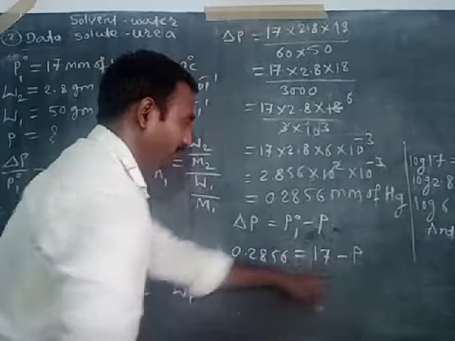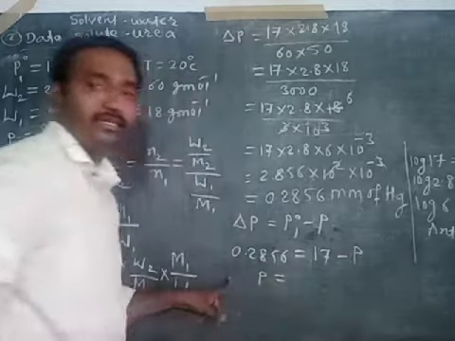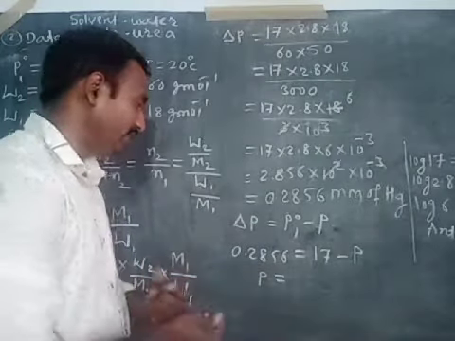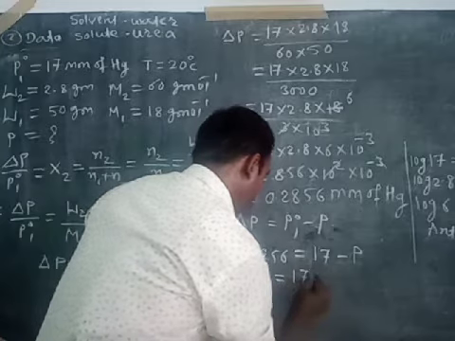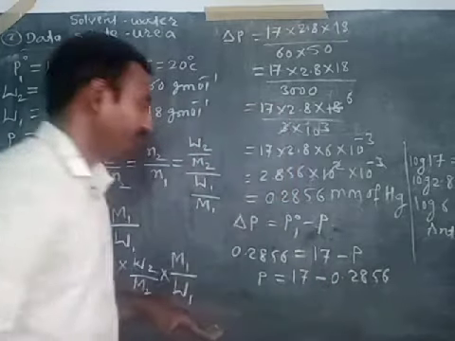When this P comes to the left hand side, the equation will be written as P is equal to 17 minus 0.2856.